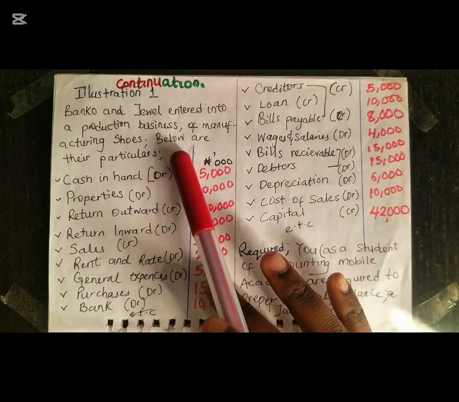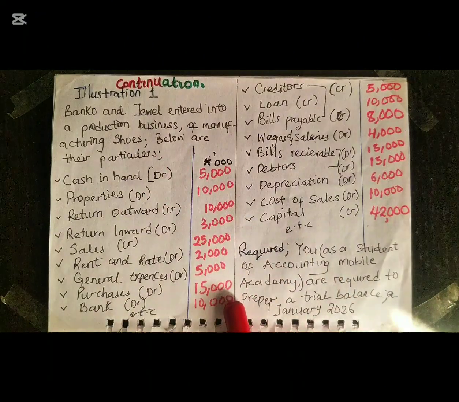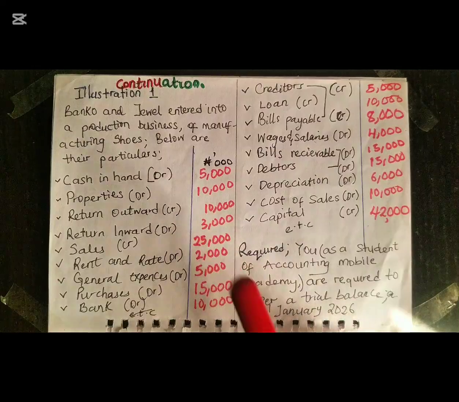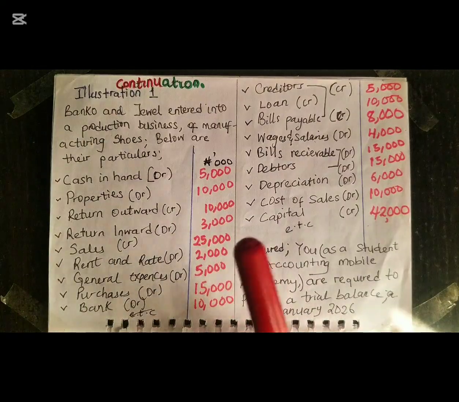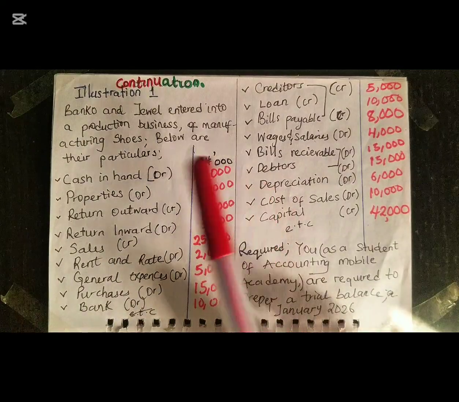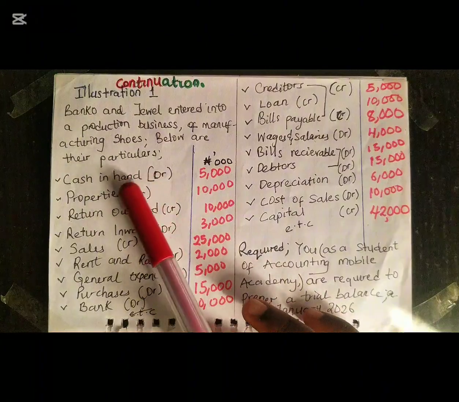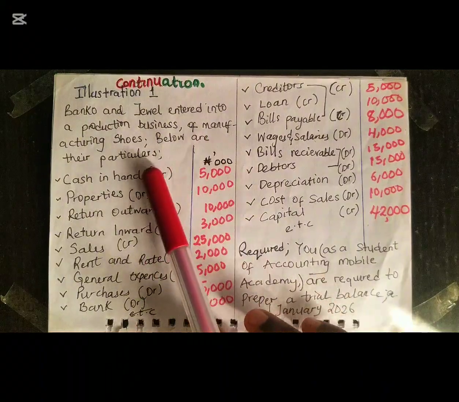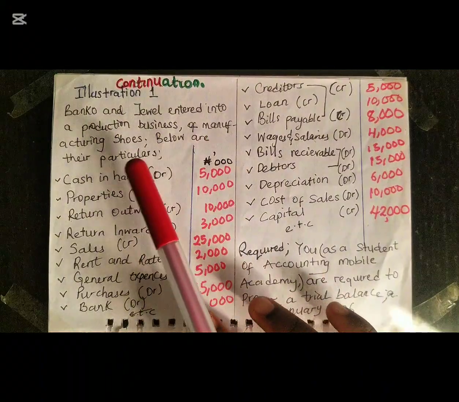So this is the continuation on trial balance, and in this continuation we're going to be treating an illustration on trial balance. Illustration 1. Banco and Joel entered into a production business of manufacturing shoes.